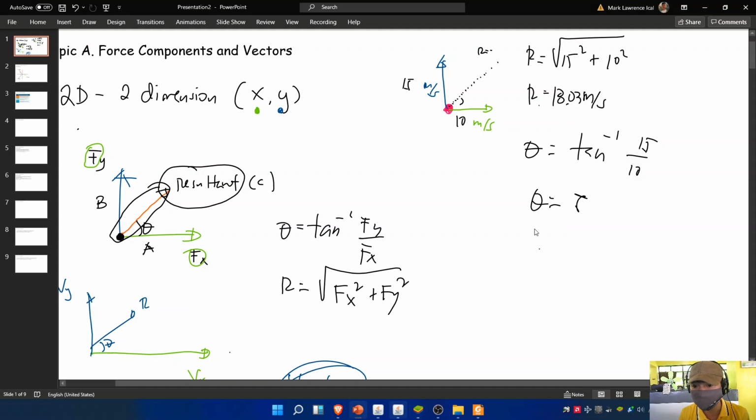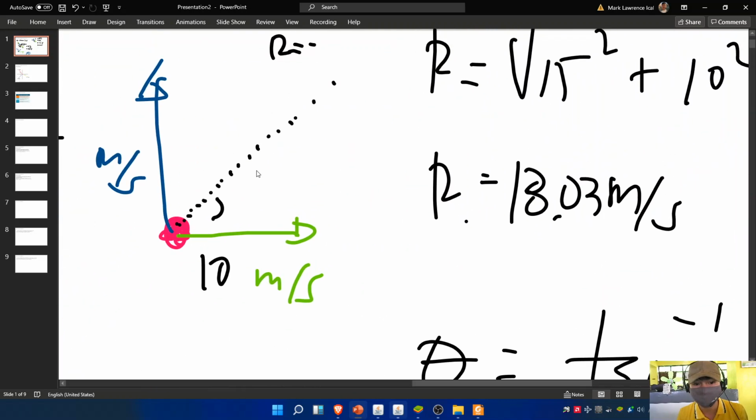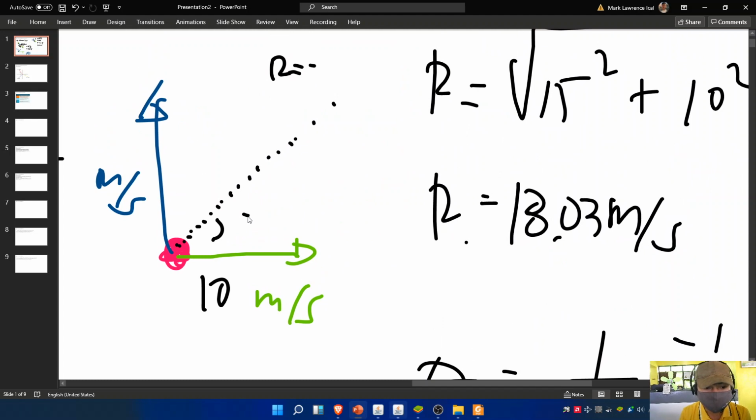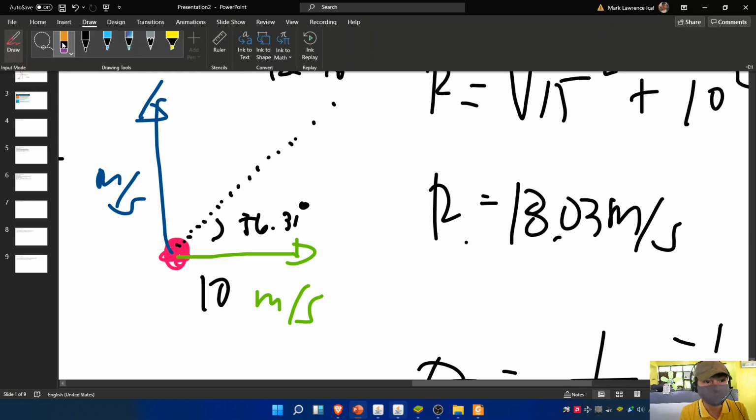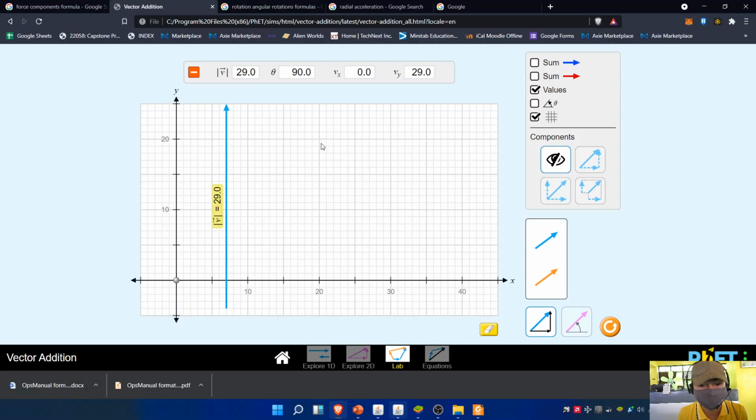Nakalimutan ko. 56.31 degrees. So this is 56.31 degrees and this is 18. Okay, baka ma-confuse kayo. Negative, hindi yan negative. 18.03 meters per second.